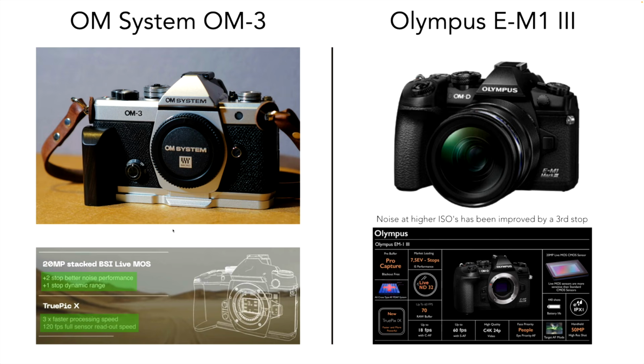How could OM System do that? And then to make it even worse, they quoted a 2-stop noise performance improvement as well as a 1-stop dynamic range improvement, and the social media expert society went crazy. They couldn't understand or even explain how this was possible.